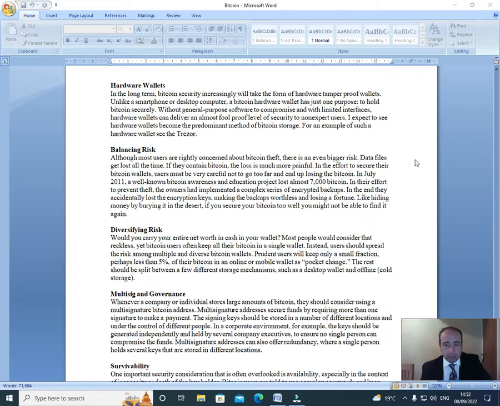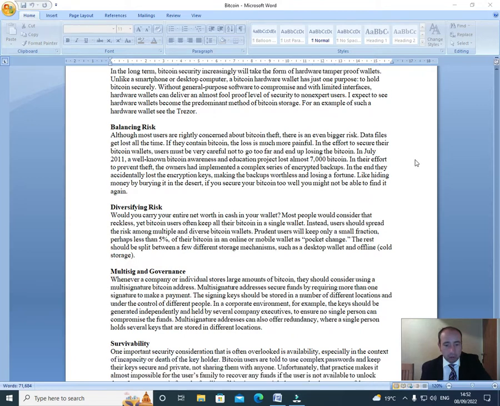In July 2011, a well-known Bitcoin awareness and education project lost almost 7,000 Bitcoin. In their effort to prevent theft, the owners had implemented a complex series of encrypted backups. In the end, they actually lost the encryption keys, making the backups worthless and losing a fortune. Like hiding money by burying it in the desert. If you secure your Bitcoin too well, you might not be able to find it again.